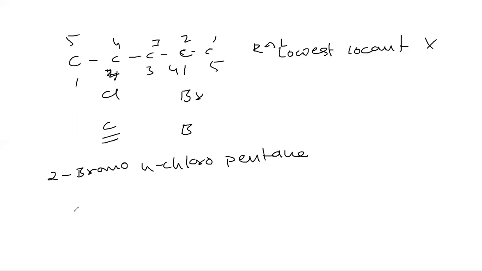And for example, if you have two substitutions, F, C, Cl, C, C. In this case, the numbering can be given from this side, no doubt at all. 1, 2, 3, 4, 5. How can you name this one?